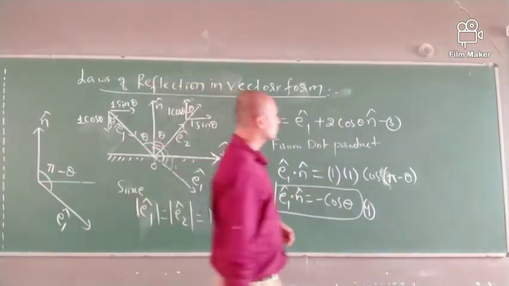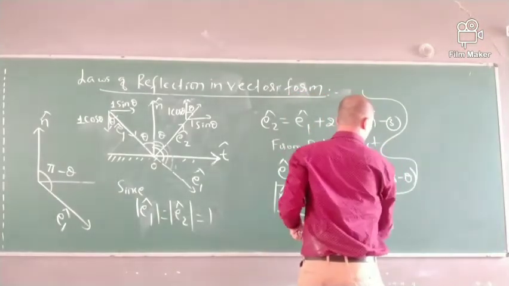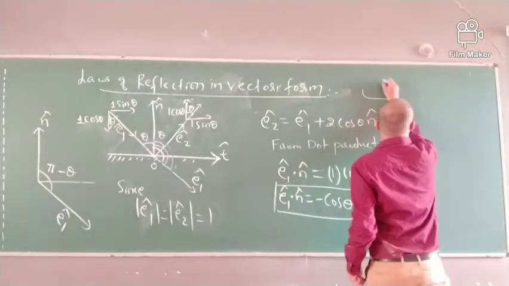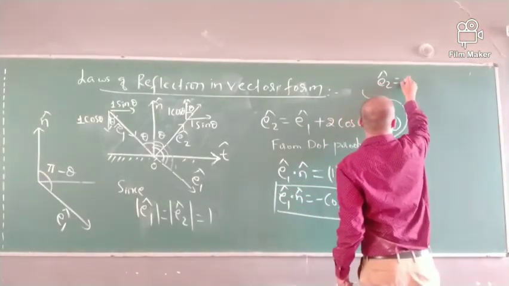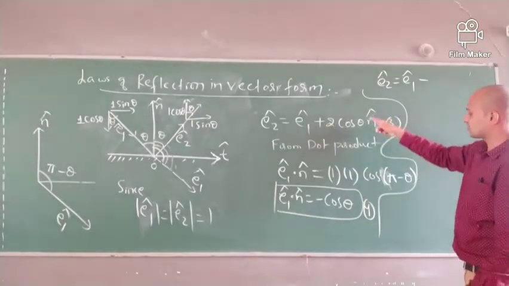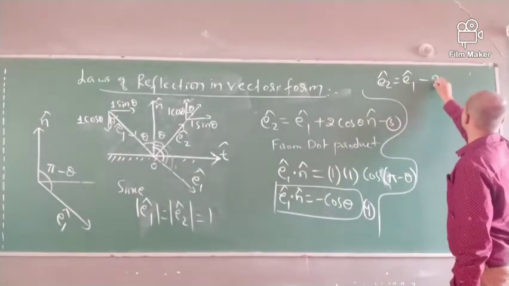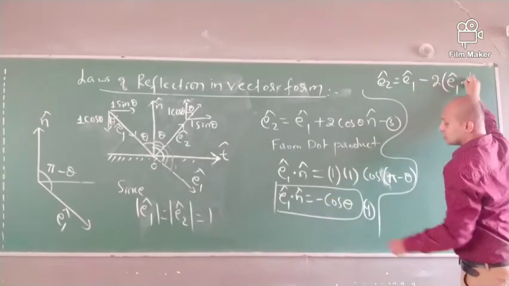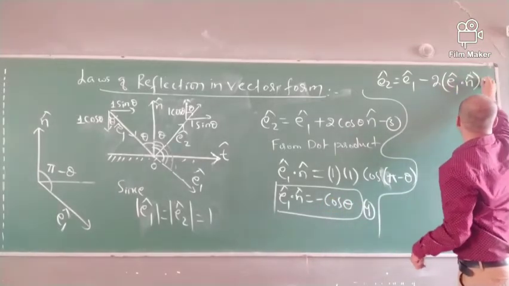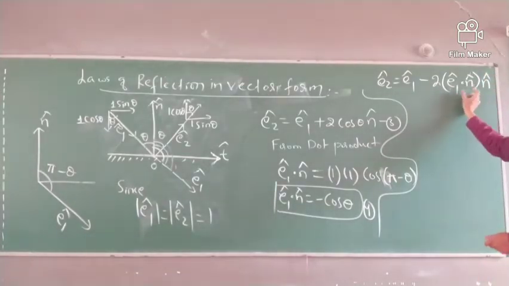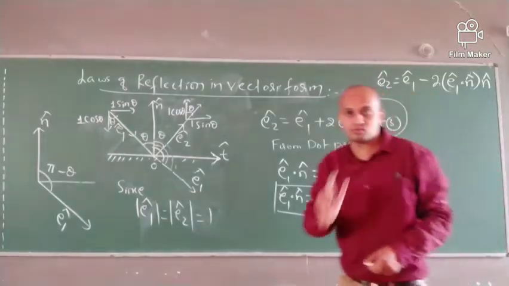If I substitute the value of cos theta, E2 vector will become E1 vector minus 2 into the magnitude of E dot n cap, having direction n cap. See here, E dot n is the magnitude value.